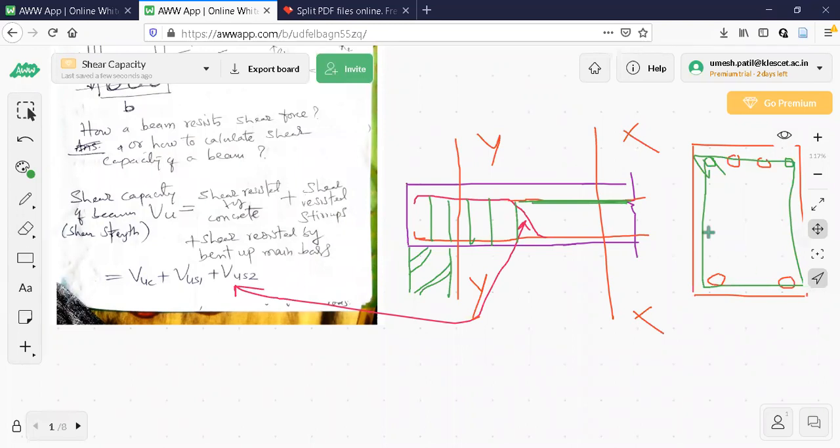These four bars are required at the center. As you move towards the support, bending moment is reducing, it becomes zero at the support. So theoretically, I don't need any bars at the bottom near the support because bending moment is zero. That is why without any problem, I can bend the bars up near the support.